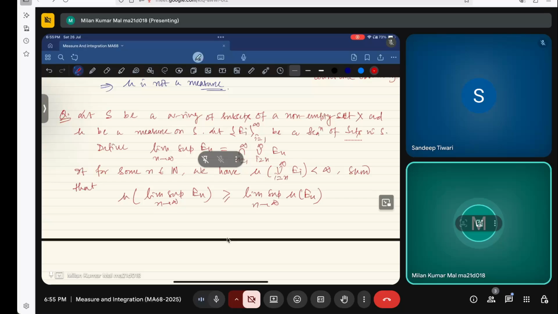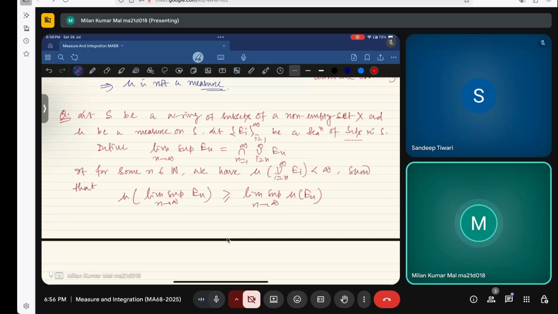So here it is said: let S be a sigma ring of subsets of a non-empty set X. A sigma ring means countable unions are there. And mu is a measure. It is a measure, so that means it is non-negative, the empty set has measure 0, and it is countably additive for disjoint unions. And let E_i be a sequence of sets in S. Define limsup this way: the intersection over n of the union over i equals n to infinity of E_i.